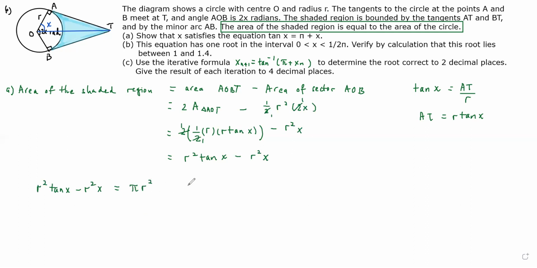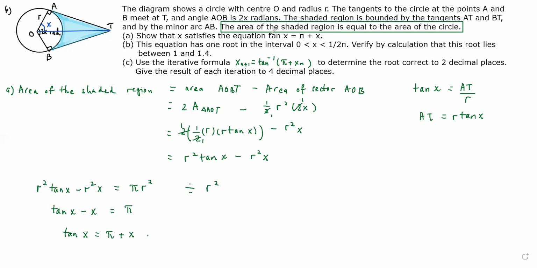R squared can be eliminated, since R is the radius and a positive value, so we can divide throughout by R squared. Tangent x minus x equals pi. We move minus x over to the right side by adding x throughout. We have tangent x equals pi plus x. That is what we have for part A.